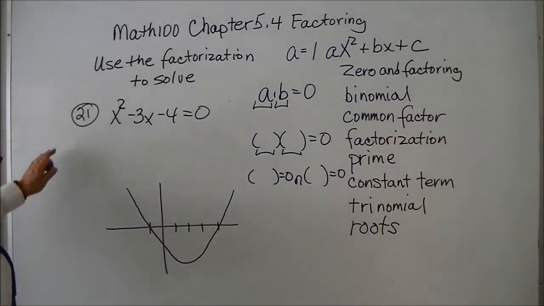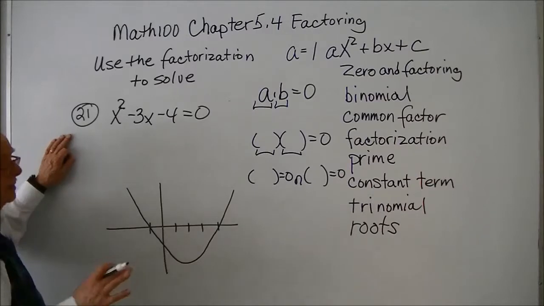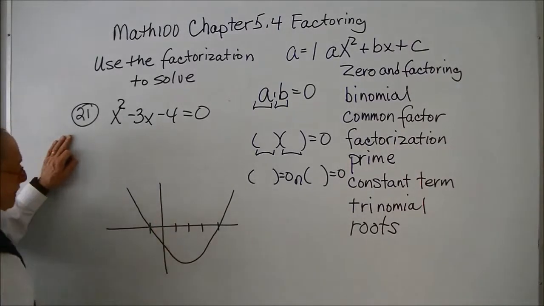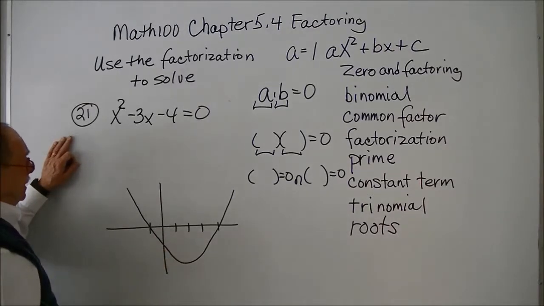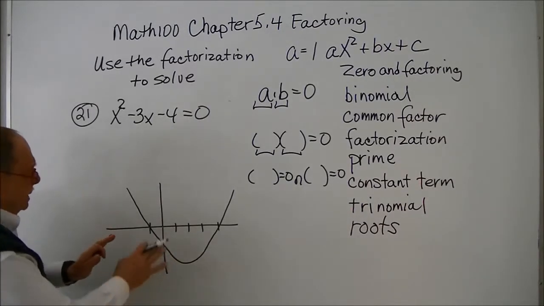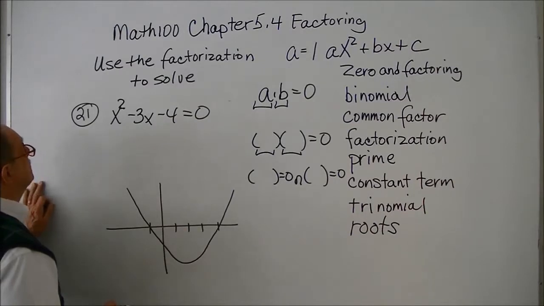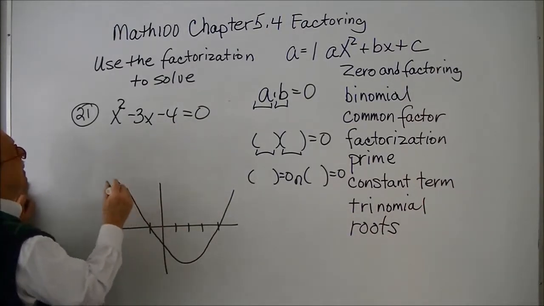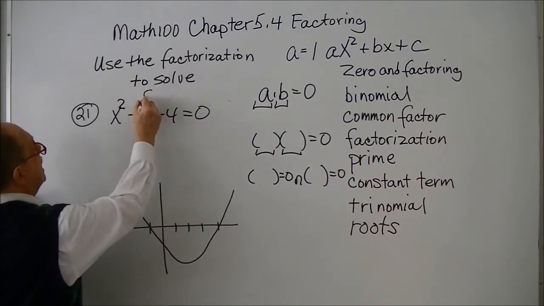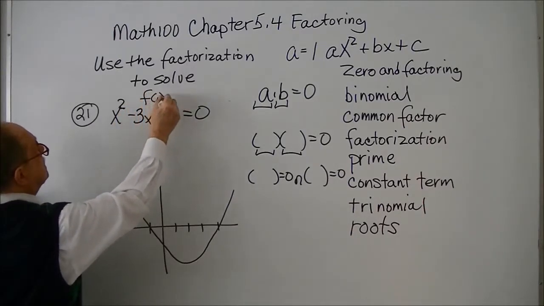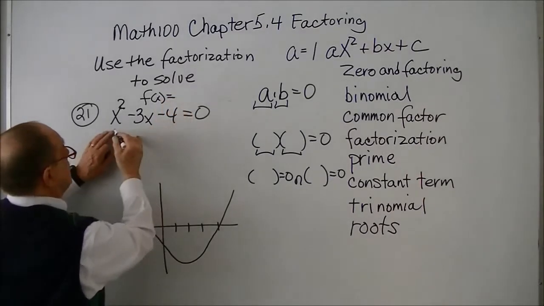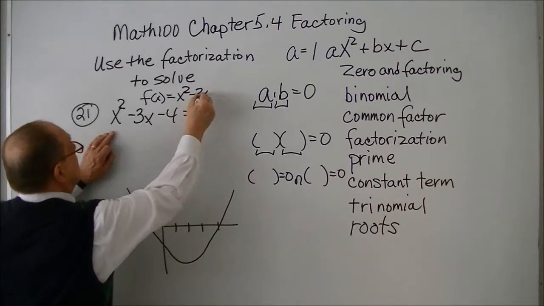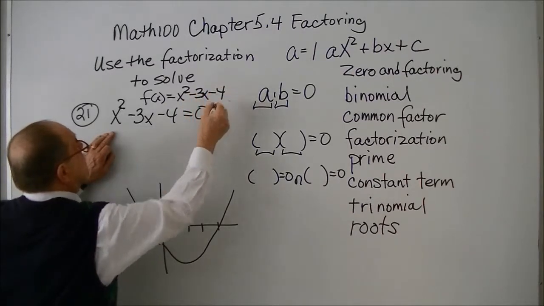In example 21, here they're asking you to solve this particular equation by graphing. And again, we're not graphing, but I'd like to show you something about this. As we look at this equation, another way to think of it would have been f of x equals x squared minus 3x minus 4.